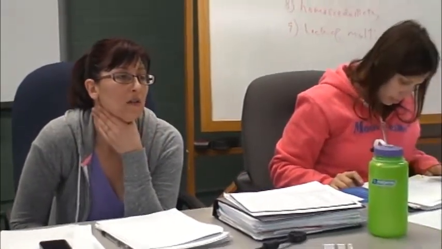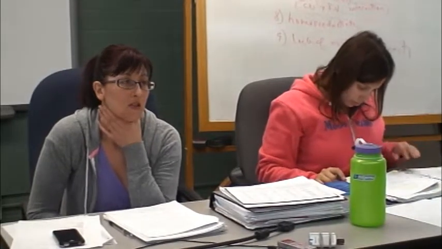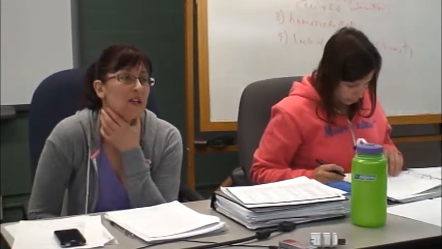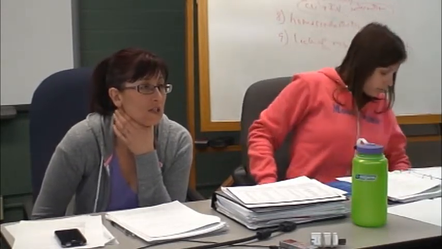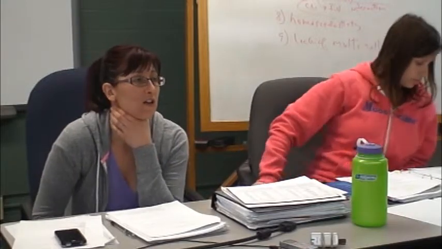Okay, let's see, what else do we have to do? So if it's a repeated measures MANOVA, you have to add in the sphericity assumption. Anytime there's a repeated measures anything, sphericity becomes your assumption you add onto it.